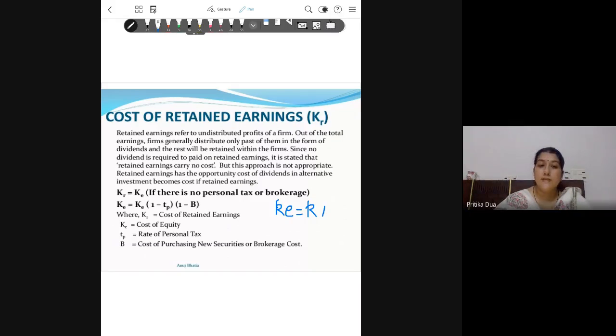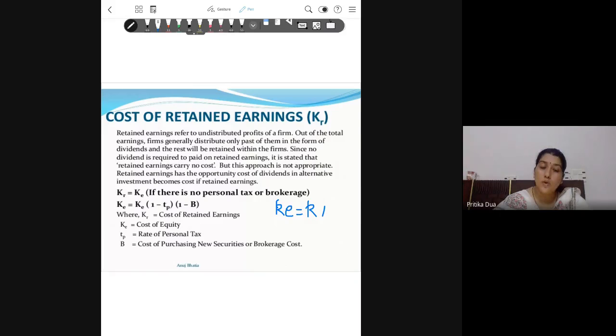Okay, but since in practical life we have taxes also, we have brokerage cost also. That is the cost involved in purchasing new equity, that is there in the market.